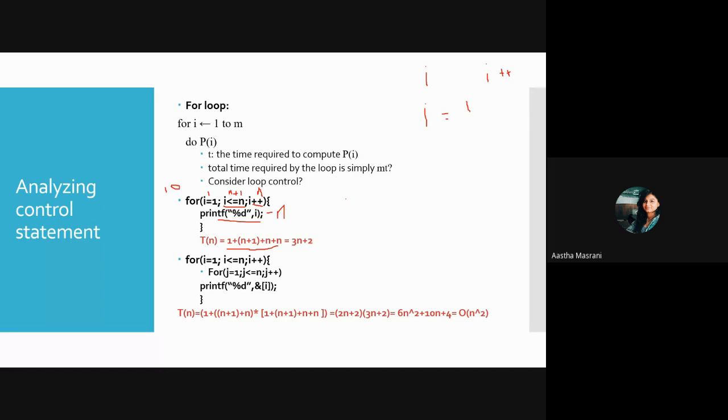So if it is n square, then you can reduce it to that order, so that you get to know, whenever you have the same algorithm that can be written in different ways, and you analyze it step by step sequentially, in which method you are getting the least complexity, and that way you will implement.